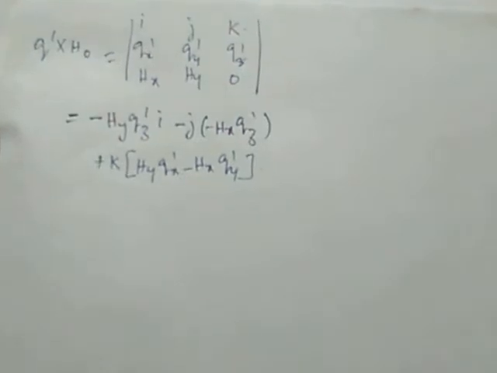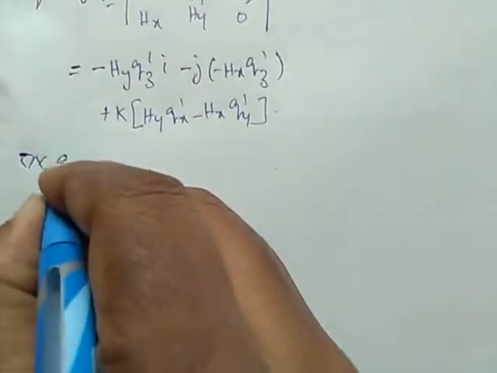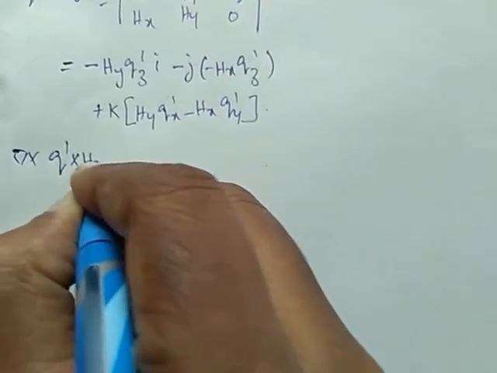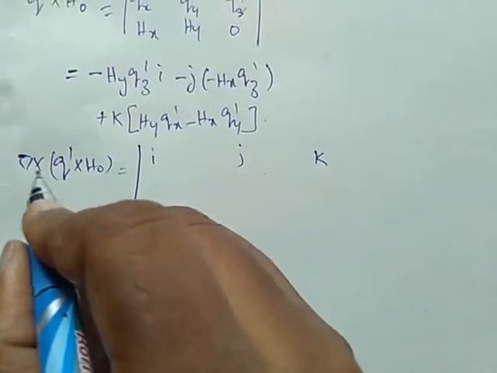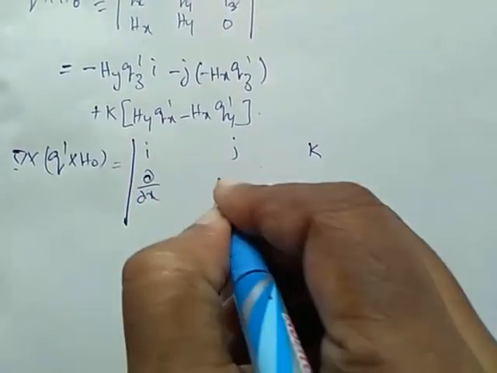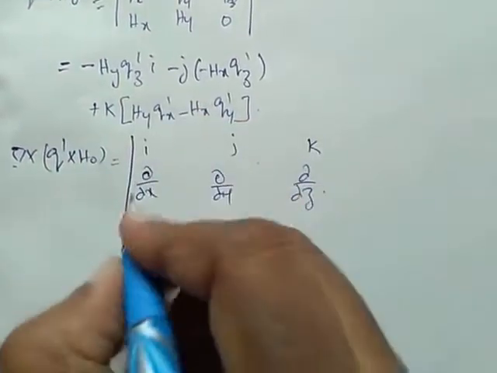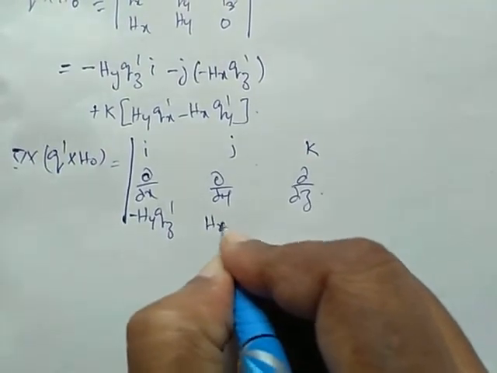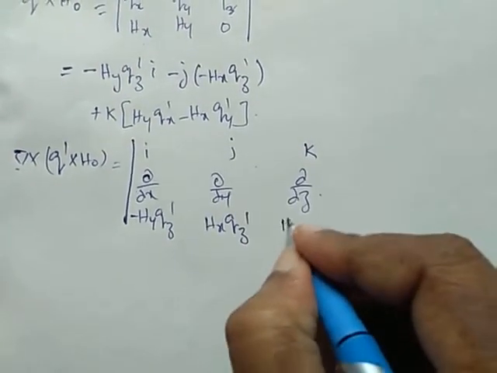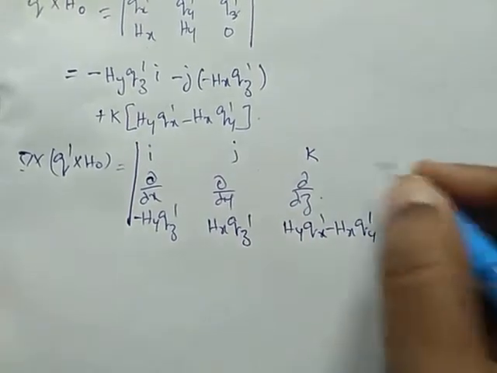So for this we have to find the curl, that is the curl of q dash cross h naught. Again, the determinant of i, j, k; dou means dou by dou x, dou by dou y and dou by dou z; and the components are minus hy qz dash, hx qz dash, hy qx dash minus hx qy dash.